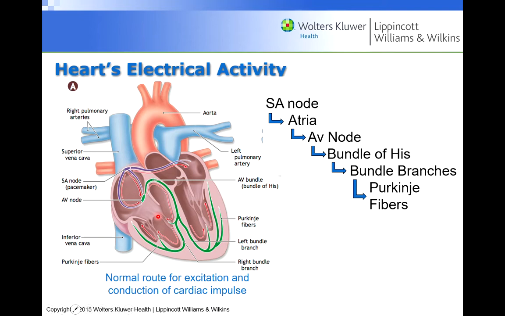But instead, because of that pause, the atria are able to contract, moving blood into the ventricles. The electrical activity is paused. Now the blood is housed within the ventricles. The electrical activity can continue, propagating down the bundle branches on the right and left side. And then these little projections coming off the bundle branches are called Purkinje fibers.